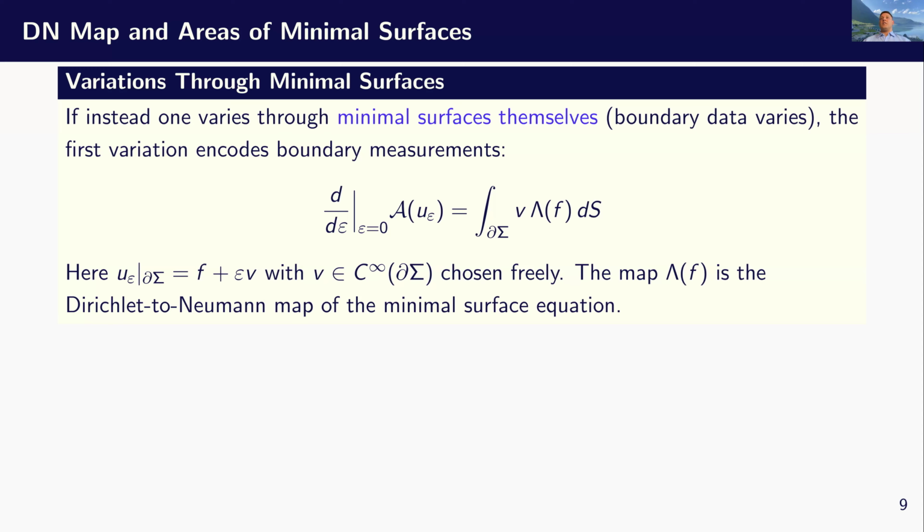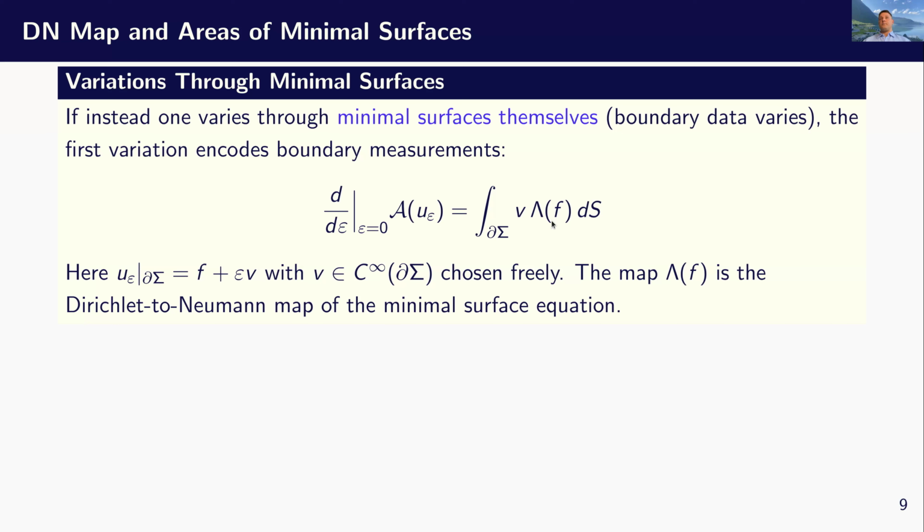Then after some computations, and using the fact that each of these u_epsilons corresponds to a minimal surface, you will get a boundary integral of the function v against the DN map applied to the function f, where the DN map is the Dirichlet-Neumann map of the minimal surface equation we saw in the previous slide.